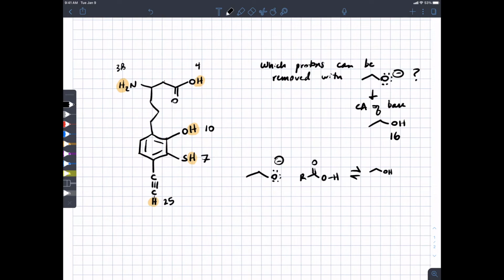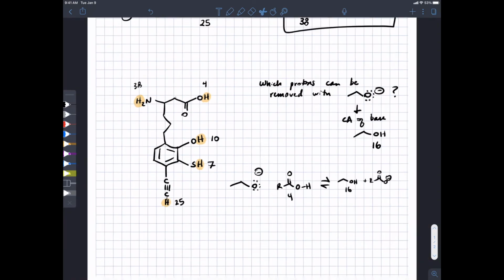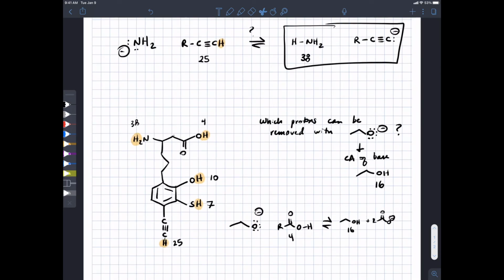Draw the conjugate acid and conjugate base. Choose the acid on either side of the equation and write down its pKa. Then you can answer the question exactly like we did above.